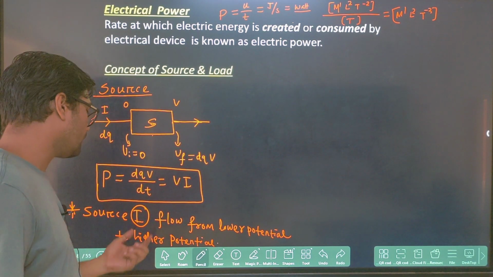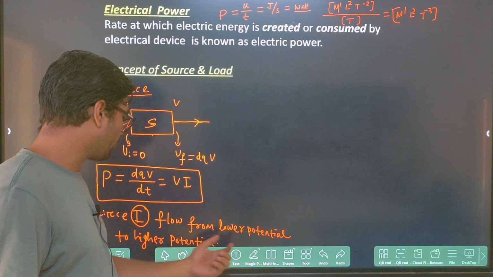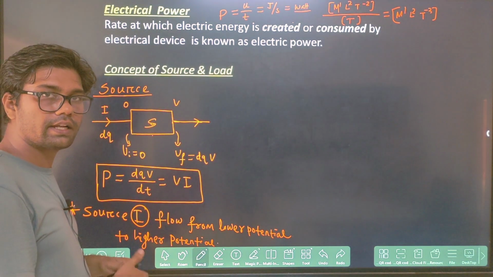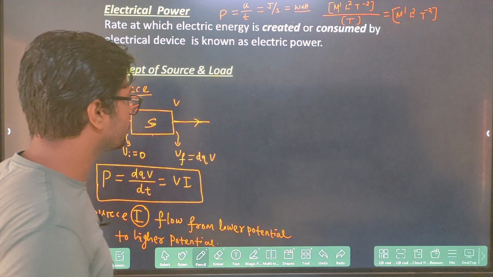For a source, the current will flow from lower potential to higher potential. You see here, that's how the energy is created here, right? And the source is creating the energy.